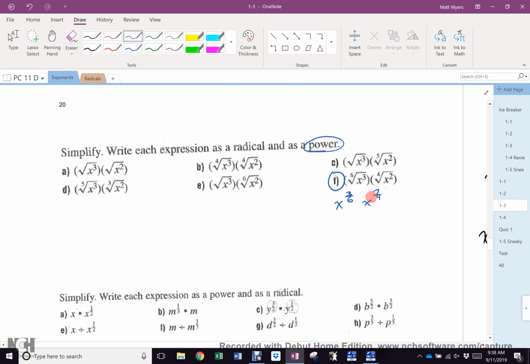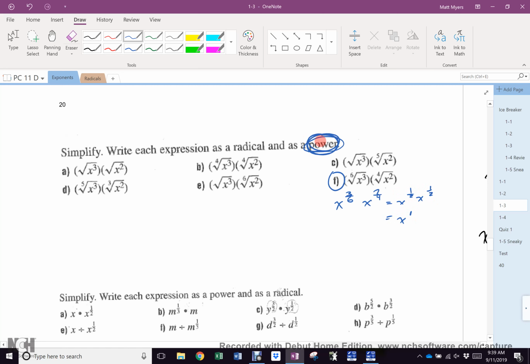Now, you would never leave those fractions. That's x to the 1/2 and x to the 1/2. Multiplying, we add them. 1/2 plus 1/2 is x to the 1. So that is a power.